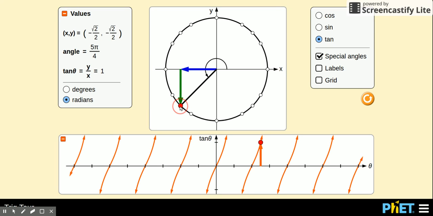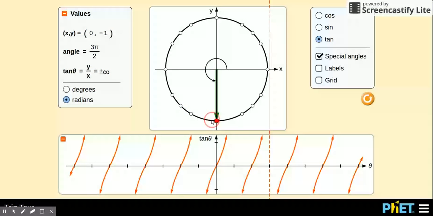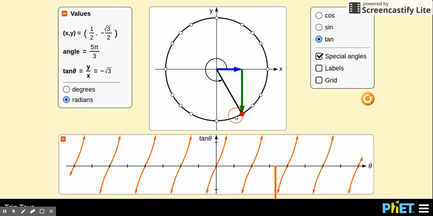So we move very strongly in the positive direction of the plot on the bottom side of the screen, and we move towards infinity again as we end up with a very large negative vertical displacement and a very small negative horizontal displacement. All right, so I think you get the idea here.